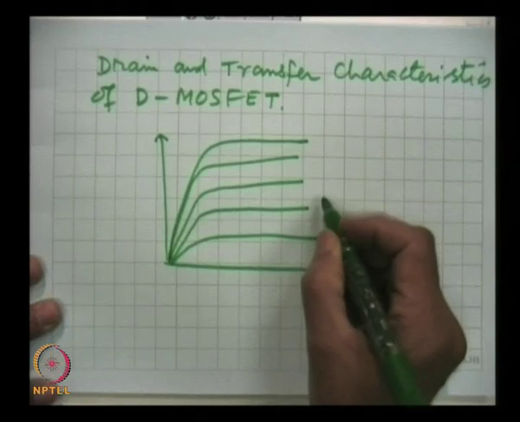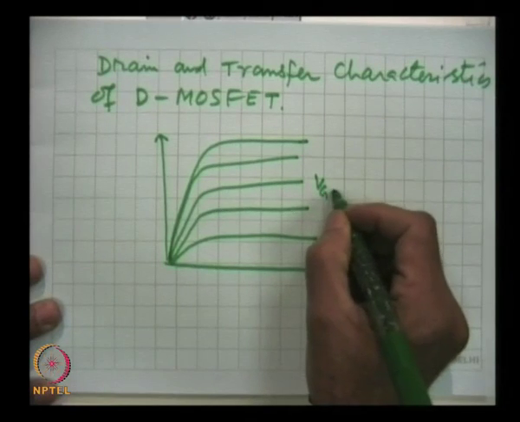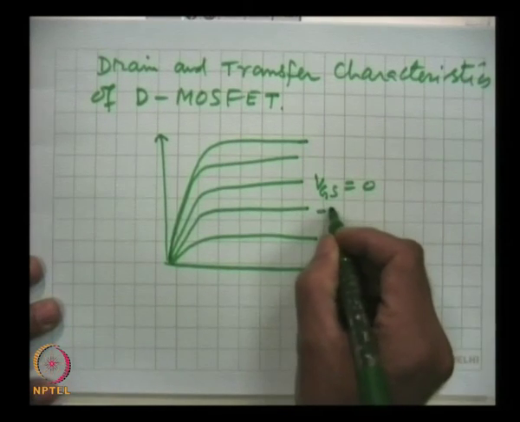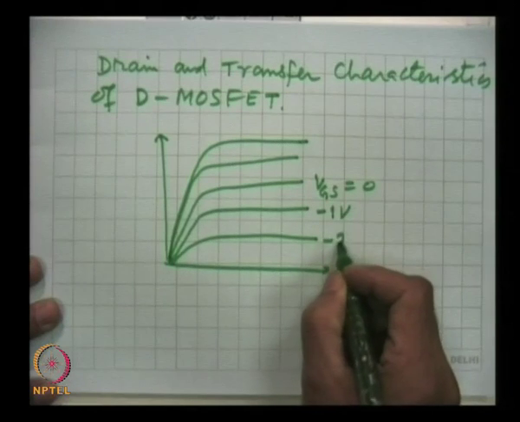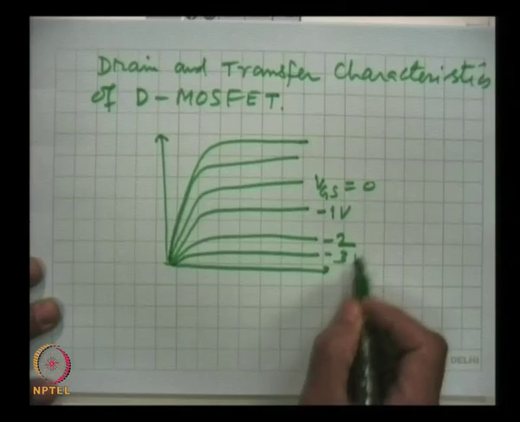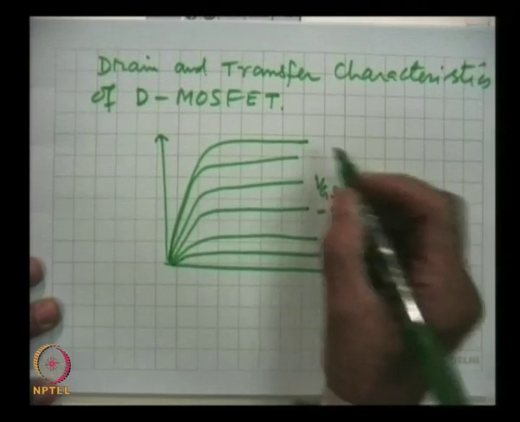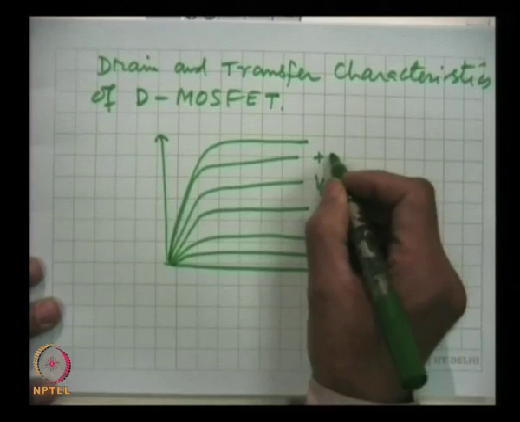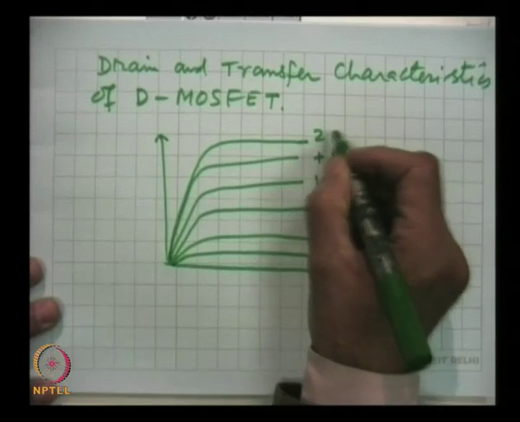This is VGS 0, this is minus 1 volt, minus 2 volt and minus 3 volt, and here this is plus 1 volt, 2 volts.